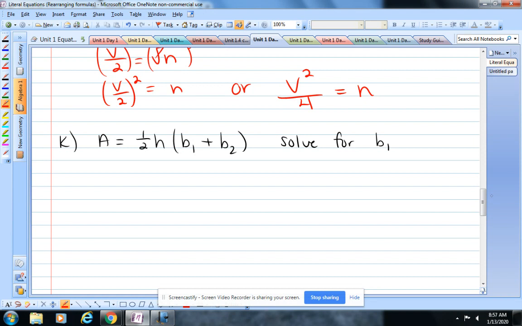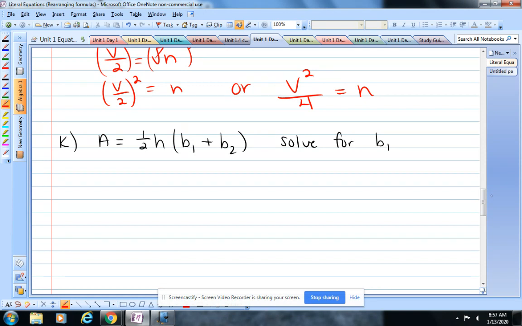So we're solving for B1, and here's B1 in this parentheses right here, right? Now let me just give you a little clue. If what you're solving for is in parentheses, don't distribute. Okay? If what you're solving for is in parentheses, don't distribute. Trust me. All right. I want to get rid of that 1/2 first.